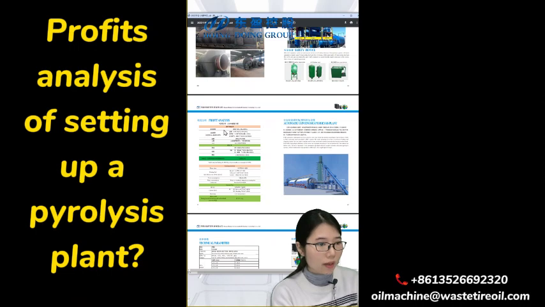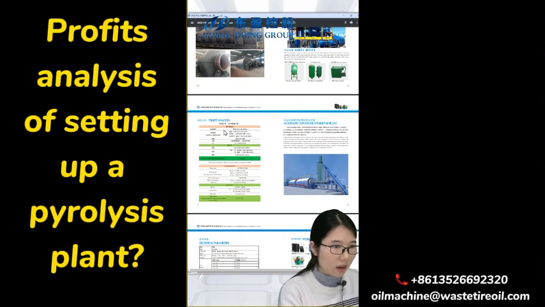But if you want to get a higher value, you also need to refine the carbon black. Then the price will be 1,200 Chinese yuan per ton. Then you will get higher profits, like 3,600 Chinese yuan.